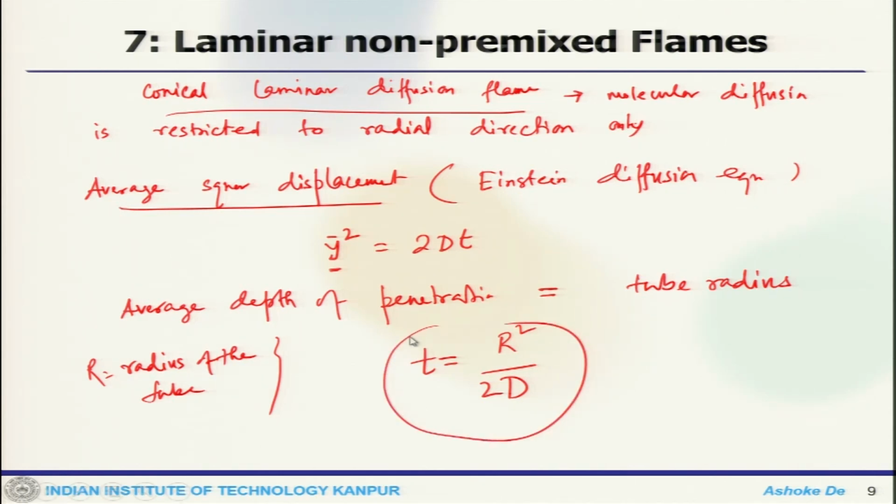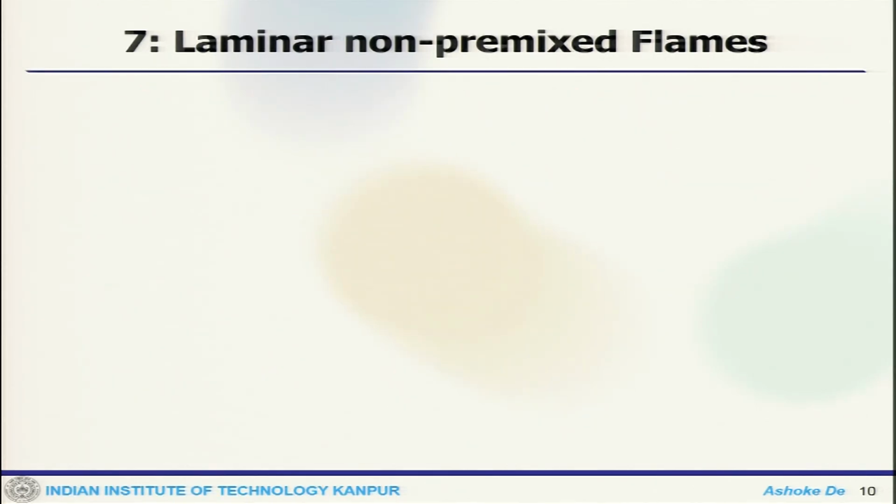Here y is approximated to the radius of the tube. Since the time is L_f by v, we can write L_f is v r squared by 2D.